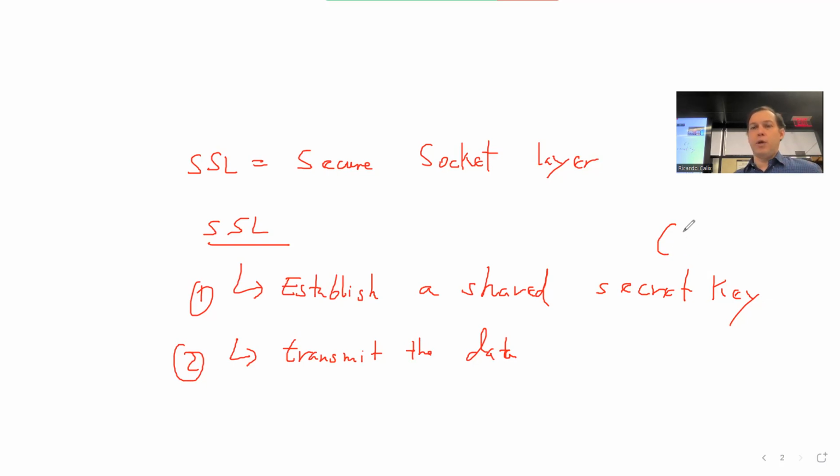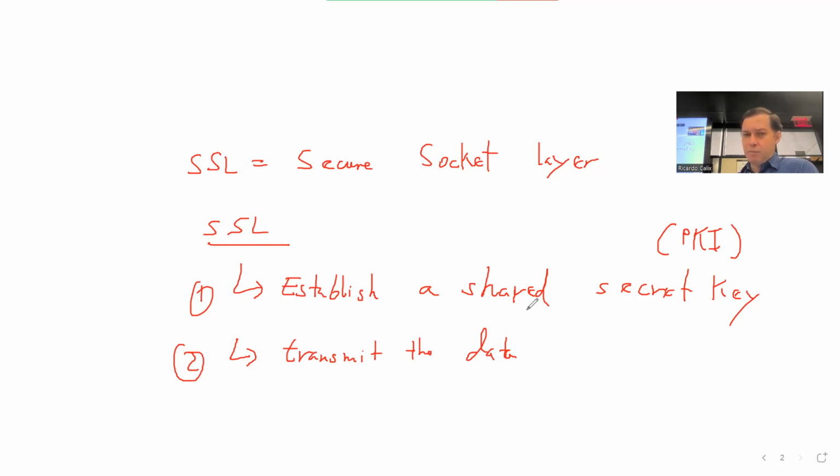We'll spend about 3 weeks or so on it, but basically there's something called PKI, which stands for public key infrastructure. That's what will allow us to establish a shared secret key. Shared just means that both parties have the same key.